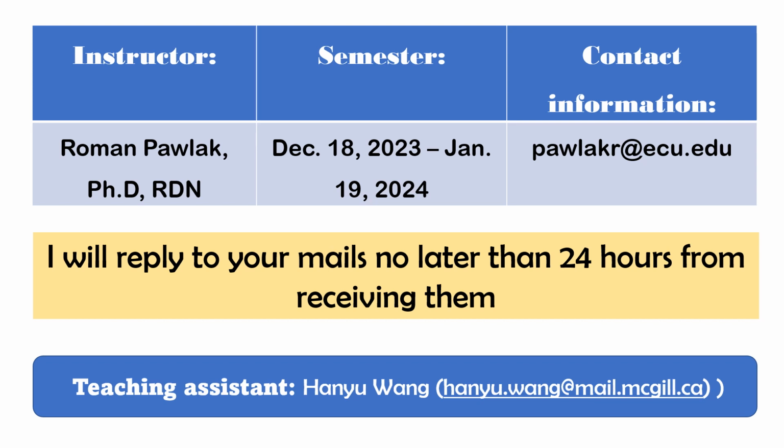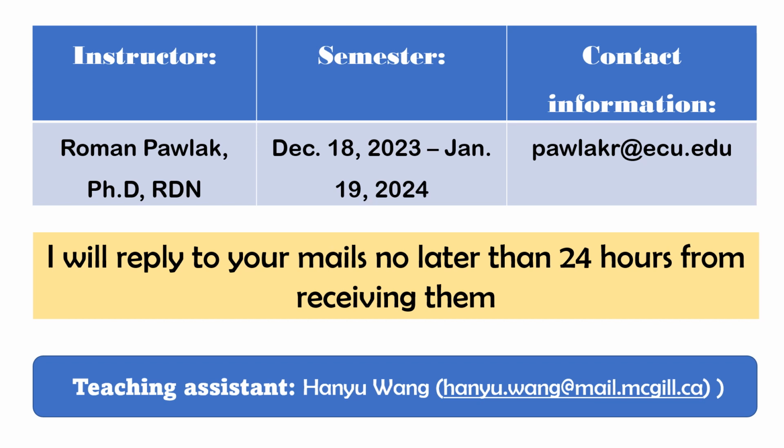And in order to prevent me from not receiving your email into my inbox, I have a request for you, okay? Notice that I included here my teaching assistant's name, okay? Her English name is Jade, and you have her email address here as well.